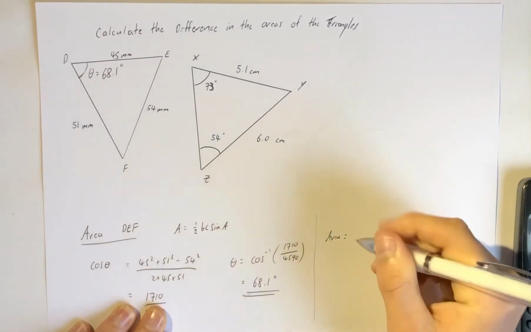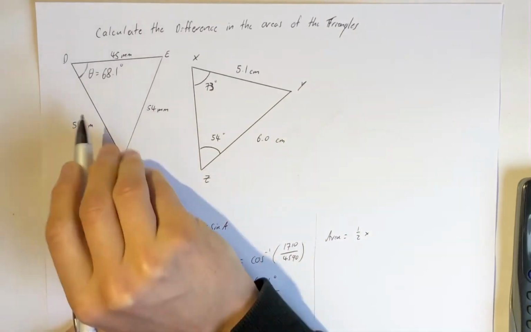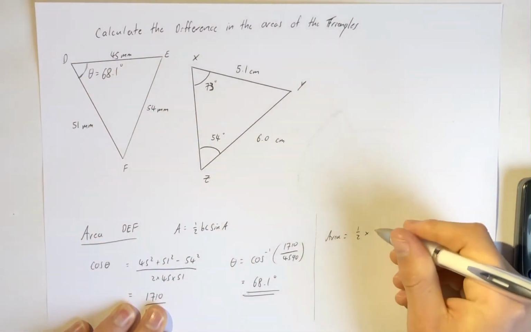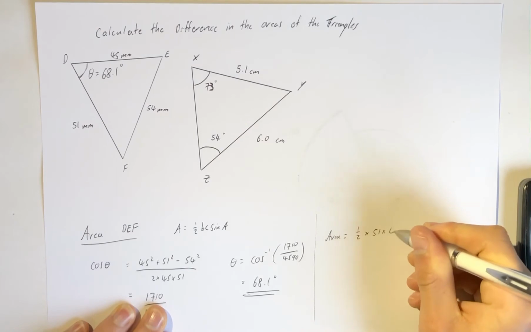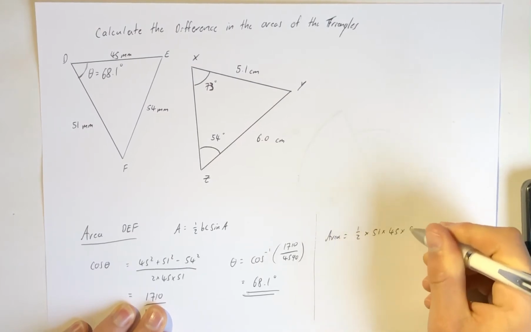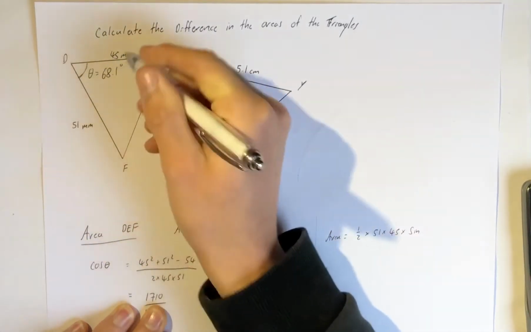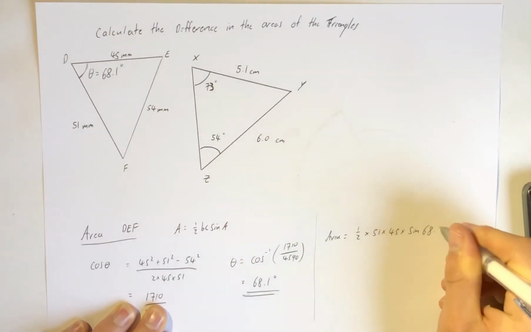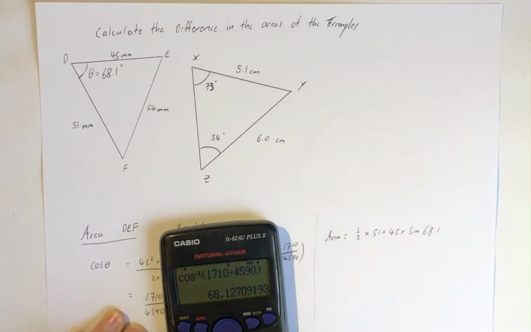And now I can calculate the area really easily. So now I can go a half times b times c times sine of that internal angle. So I've already got the angle stored in here, so why don't I just sine answer.